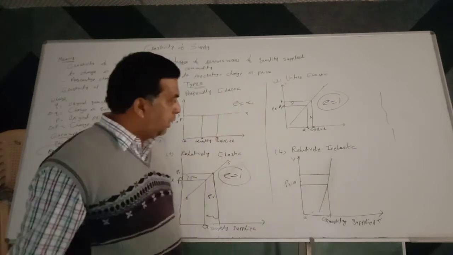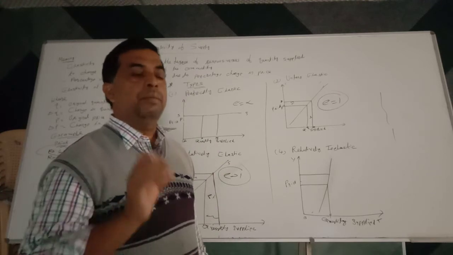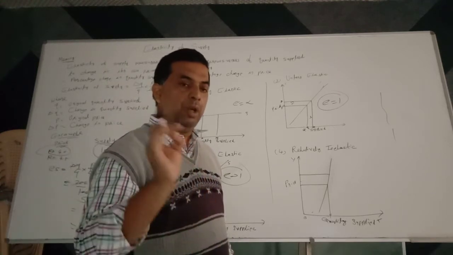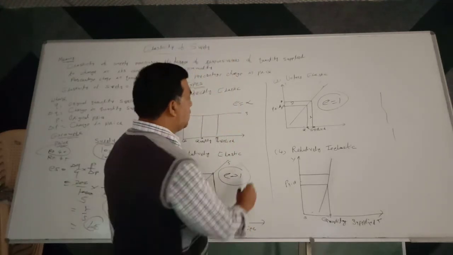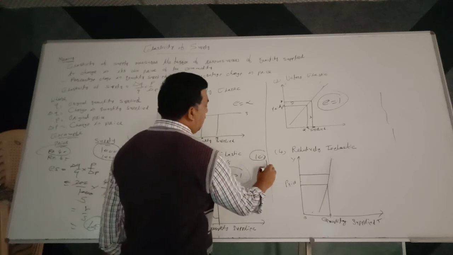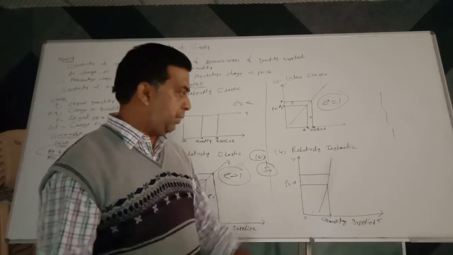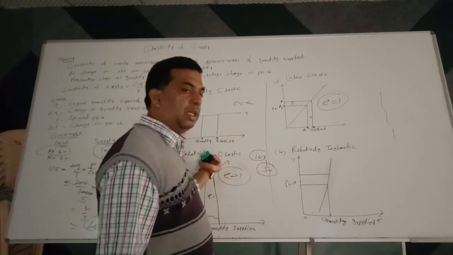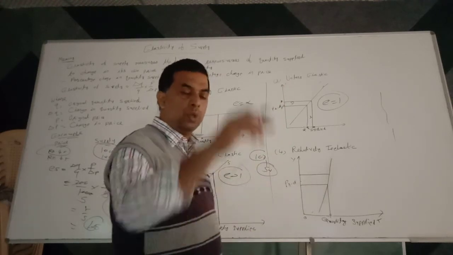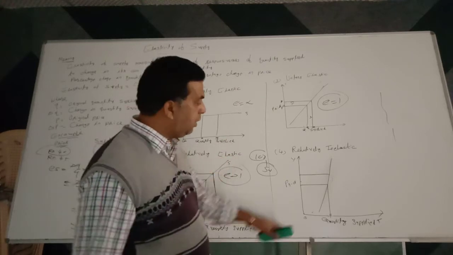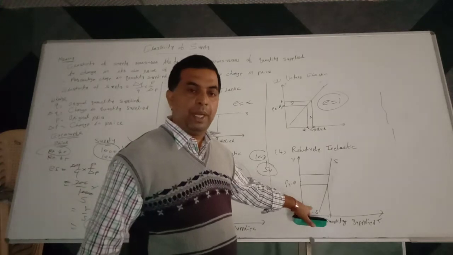Next, relatively inelastic supply. It means proportionate change in supply of a commodity is less than proportionate change in price. Suppose price changes by 10% and supply of the commodity changes by 5%. That is known as relatively inelastic supply. In the case of relatively elastic supply, we had to draw a flatter curve; here we have to draw a steeper curve. So this is the SS supply curve.